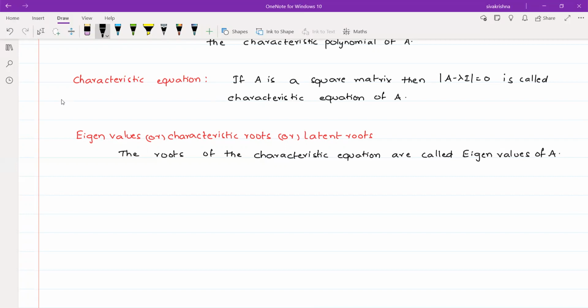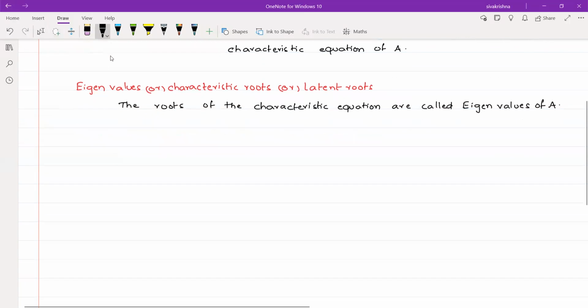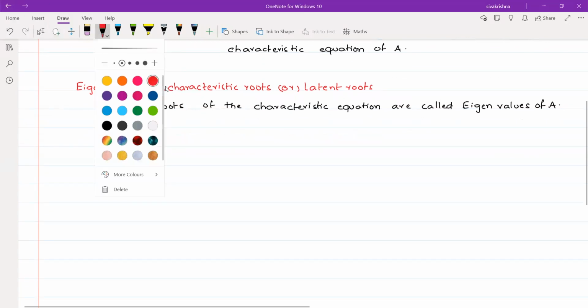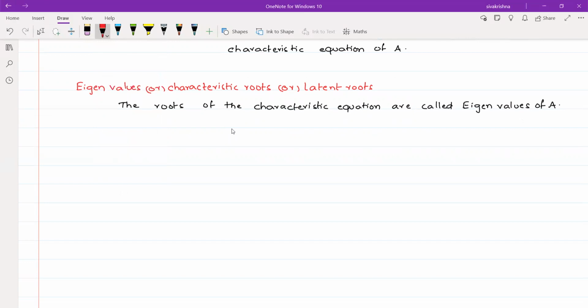Coming to eigenvectors, we can also call an eigenvector a characteristic vector.